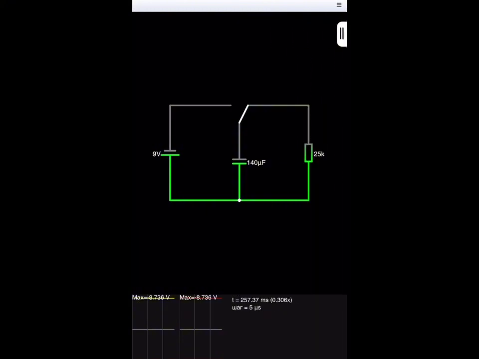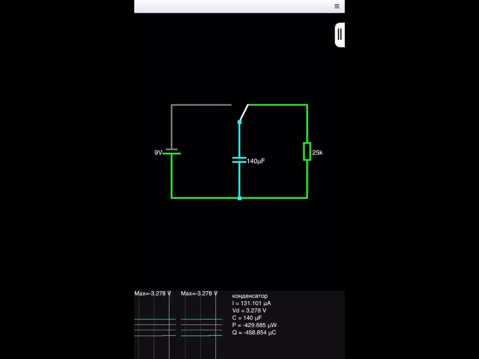When we're switching, right after switching to the discharge position, the current is about 360 microamperes, which matches the theoretical initial current. That's good. And then we are waiting for our time constant.